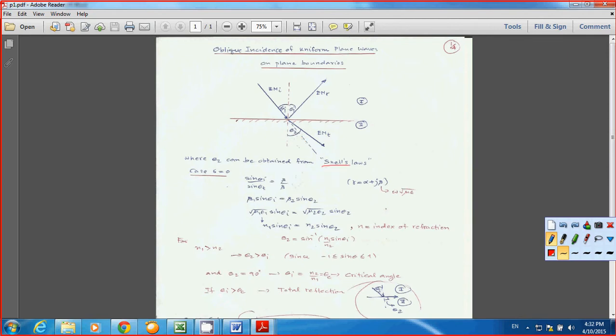Snell's law helps us find theta 2 when theta I is known.